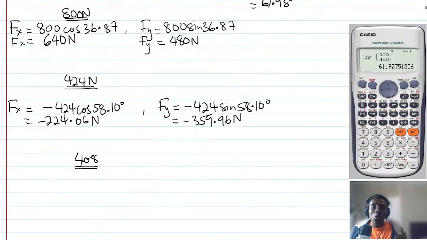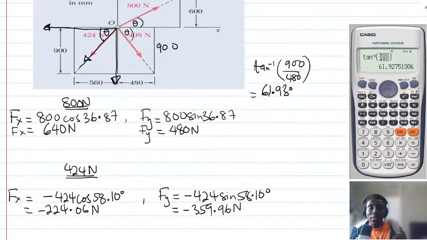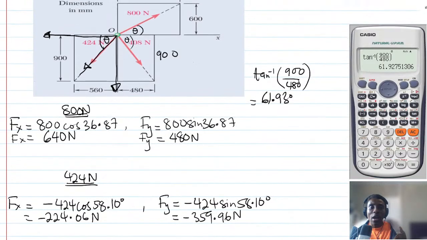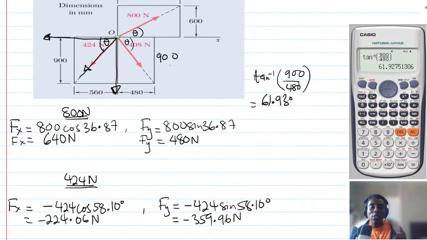Okay, so the x component is going to be 408. So this one too, the x component will be positive, but then the y component will also be negative.